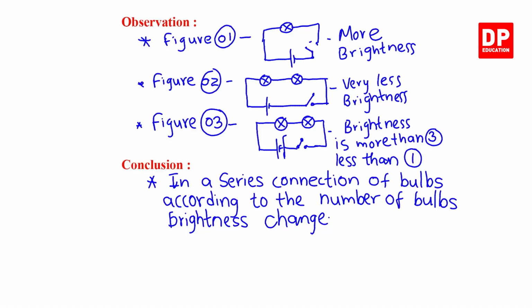So we can write within brackets, more bulbs. If there are more bulbs in the system, less bright.